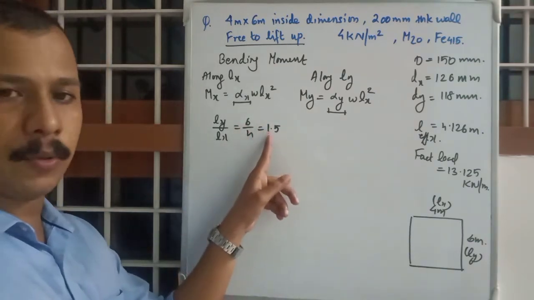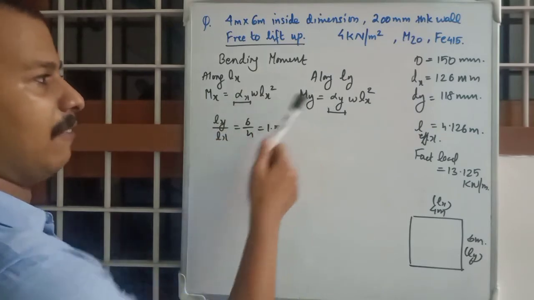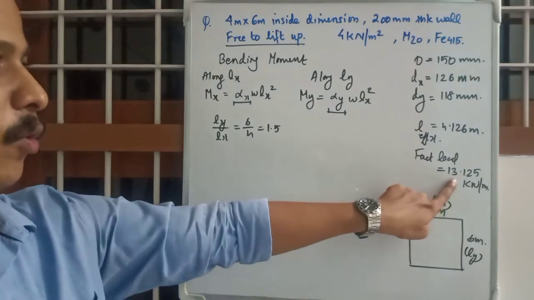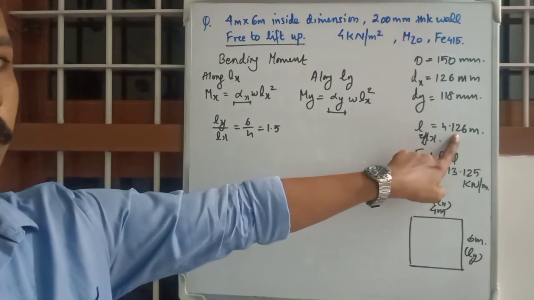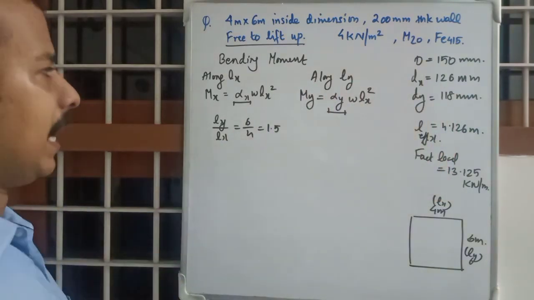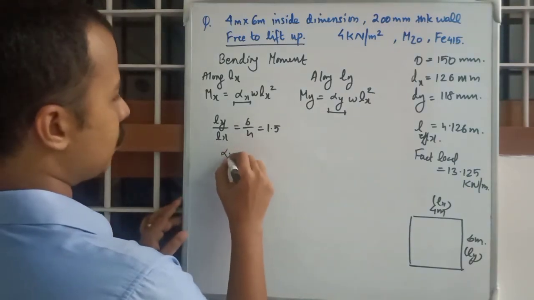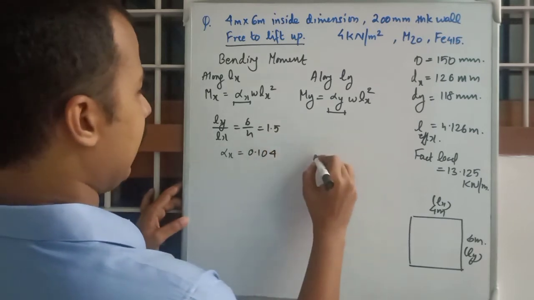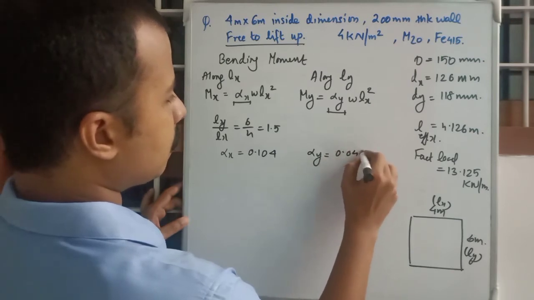With this value you can get the values of alpha x and alpha y. You know what W is: W is 13.125. You know what Lx is: Lx is 4.126. So alpha x you will get from the table as 0.104. Alpha y you will get as 0.046.